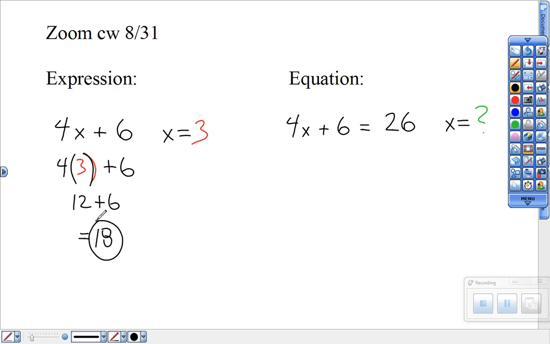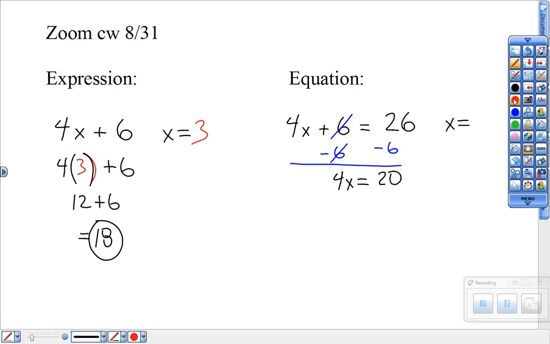For this equation, to solve for that one answer for x, remember we were taught inverse operations to isolate this x. I'm going to get rid of that 6 first by doing the opposite, subtracting on both sides. So we'll cancel away. I'm going to bring this 4x straight down, and my equal 26 minus 6 is 20.